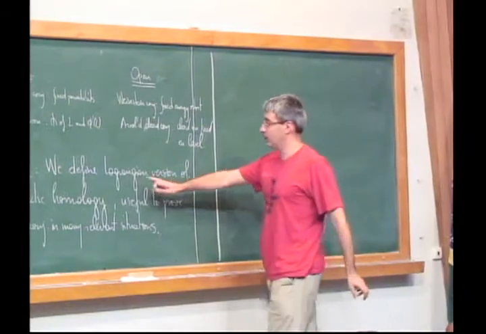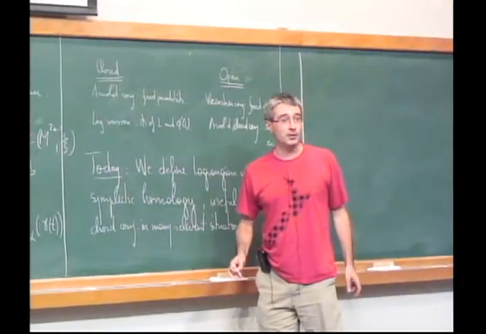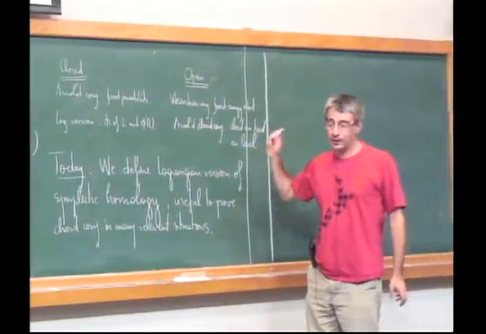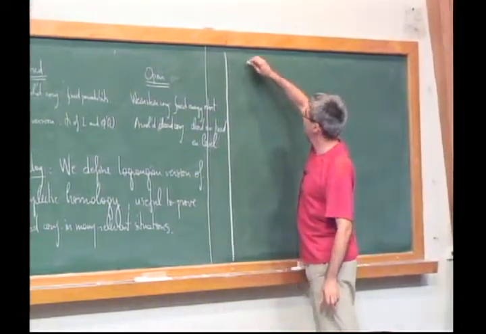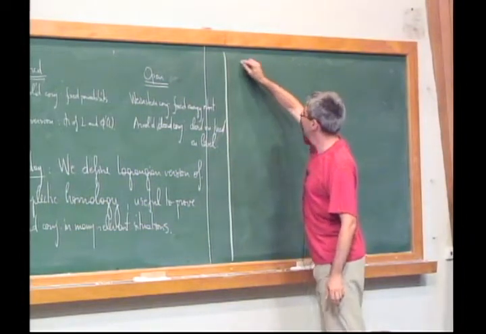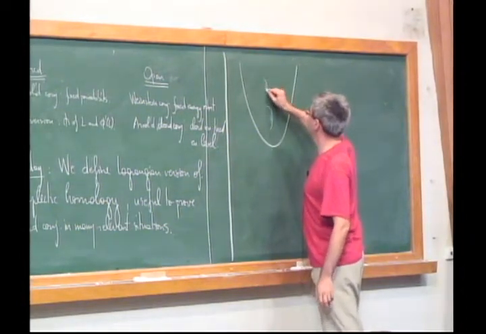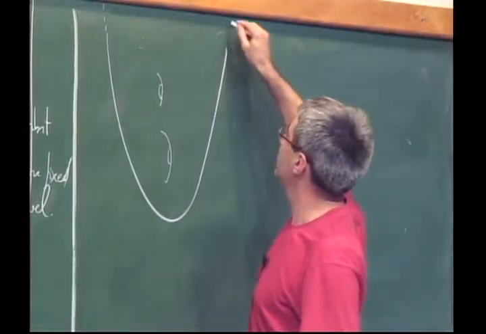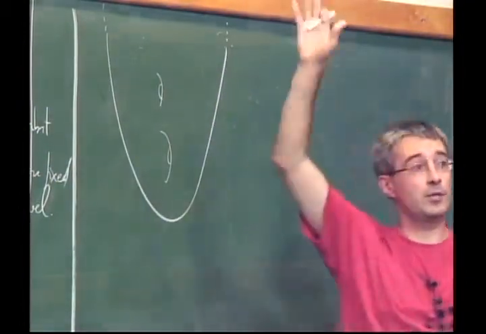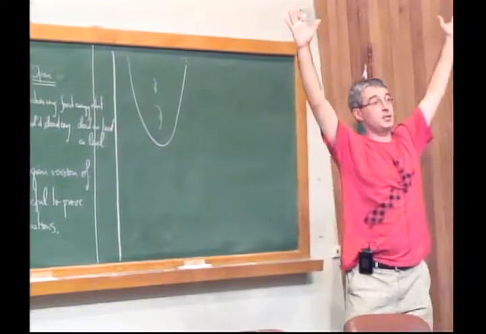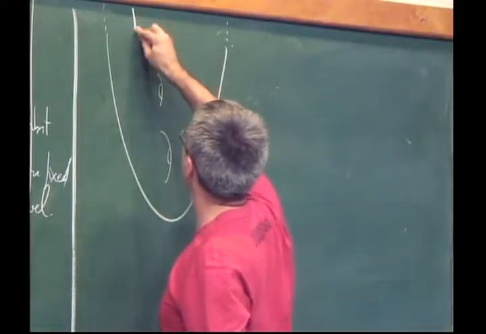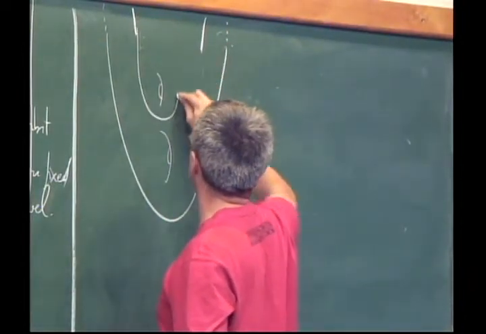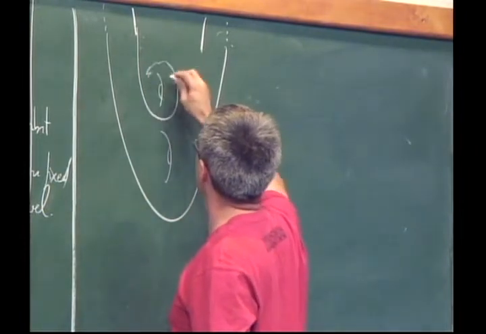So if we want to think about a Lagrangian version of symplectic homology, what we should think of are Lagrangians that, if this is our Liouville domain and here is the symplectization part, enter the symplectization part in a cylindrical way.